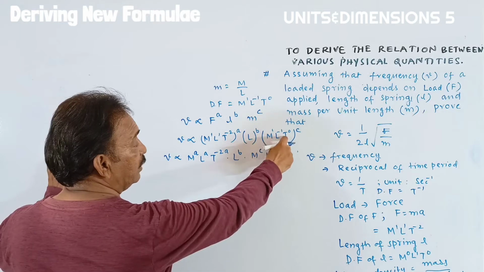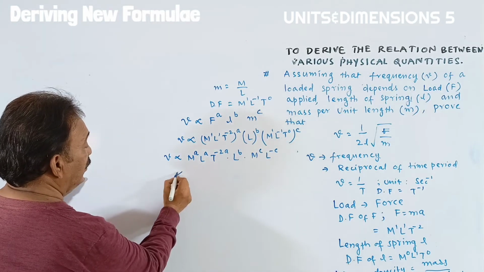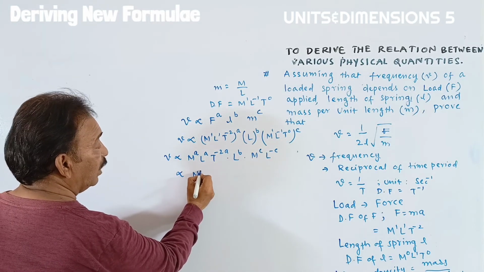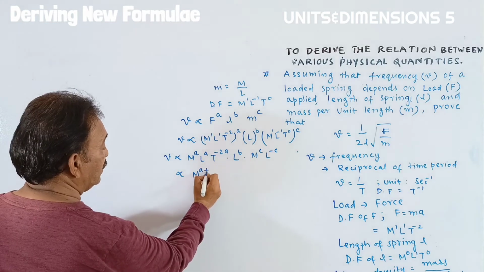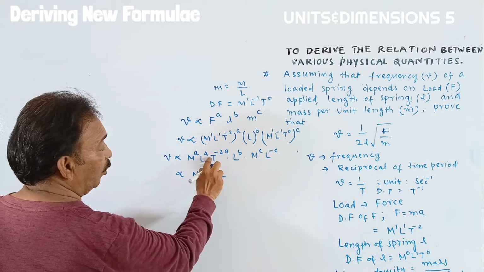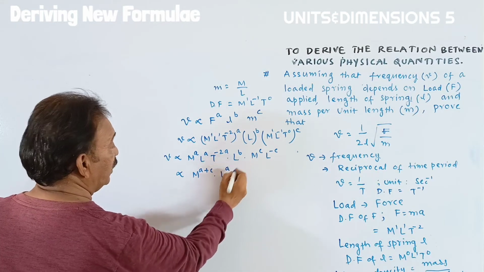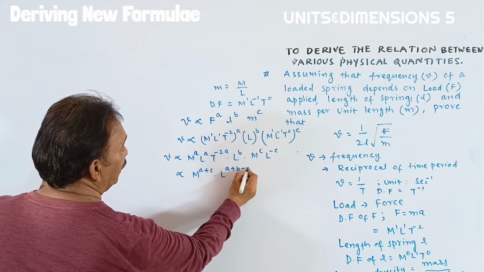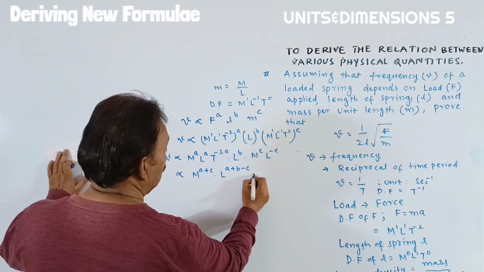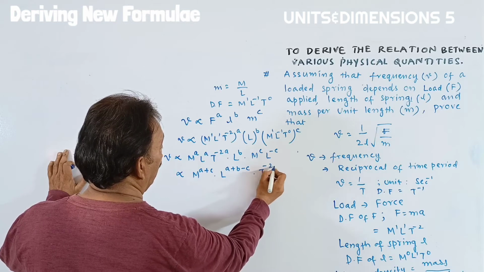I'm neglecting the T. Then M to the power of a plus c, L to the power of a plus b minus c, T to the power of minus 2.